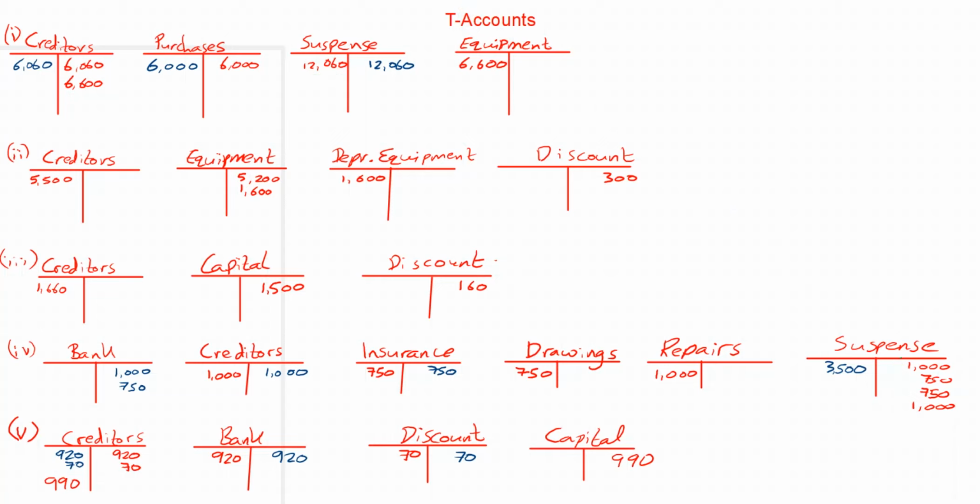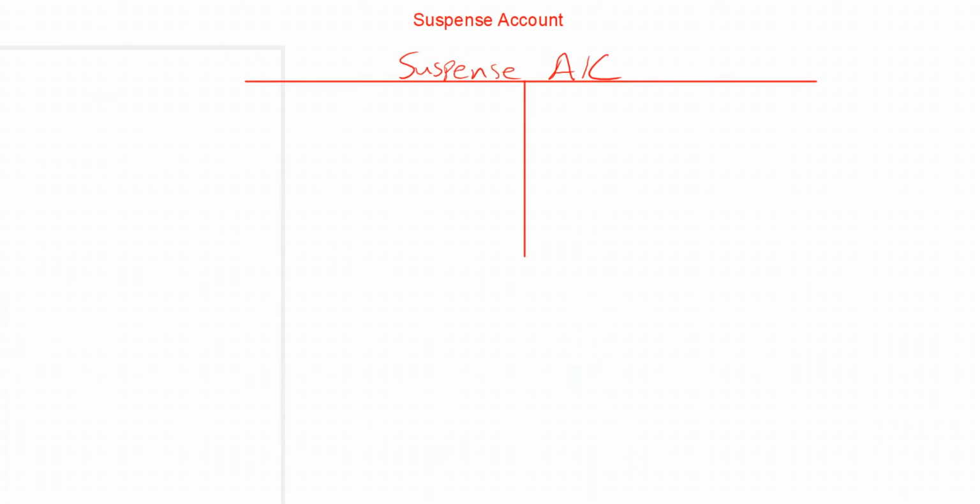What we essentially want to do is get the original balance. So I'll put that in now. We don't know if the original balance is a debit or a credit amount, but as we go through, we can see.